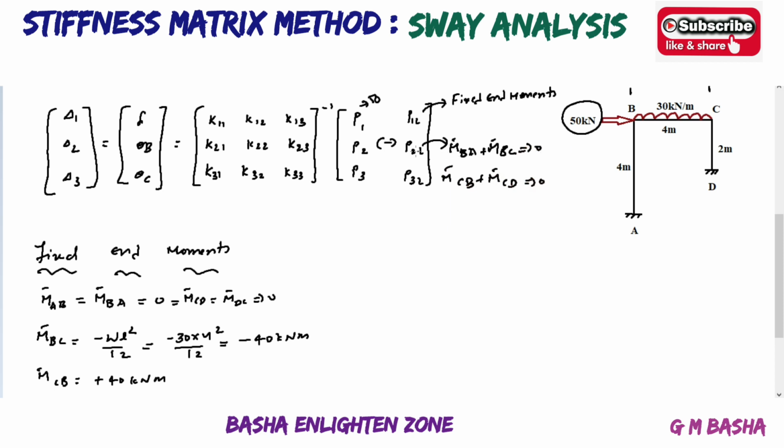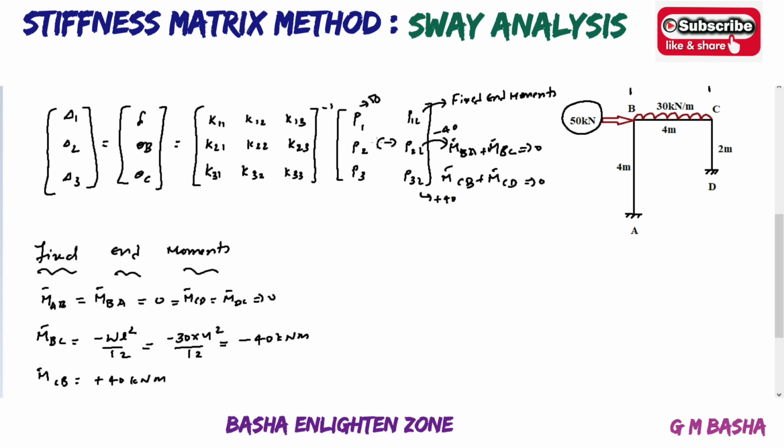If you take P2L, it is M bar BA plus M bar BC, where M bar BA is equal to 0 here and M bar BC is minus 40 kilonewton meter. So here P2L will be minus 40. And P3L: M bar CB will be plus 40 and M bar CD will be 0. Therefore, you will get plus 40 here.